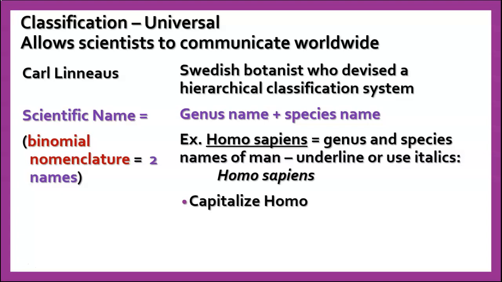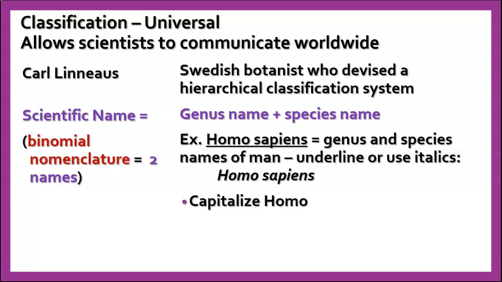And he came up with a system that's called a hierarchical classification system that's based around something called a scientific name. The scientific name is composed of the genus name and the species name. We'll talk about what genus and species mean in just a minute. But the system is called binomial nomenclature. Binomial means two names, and nomenclature is a system of naming. So basically binomial nomenclature means, in English, a two-name naming system.